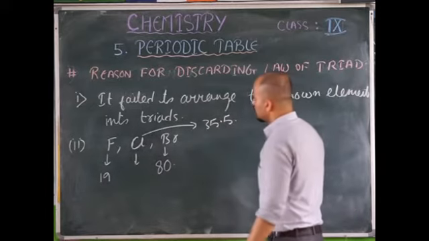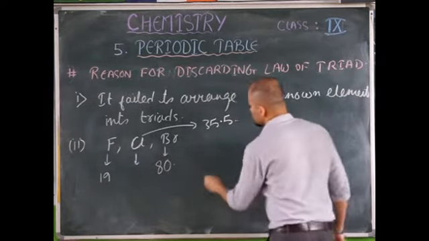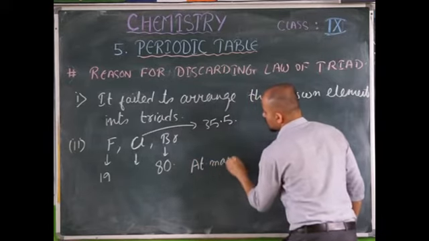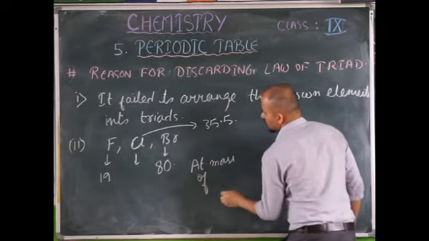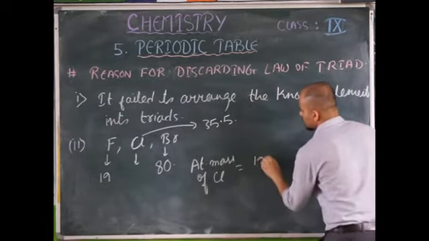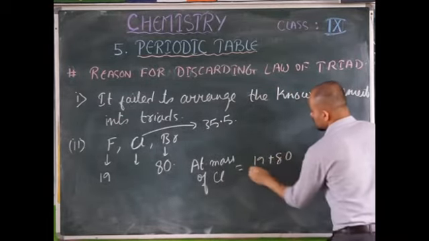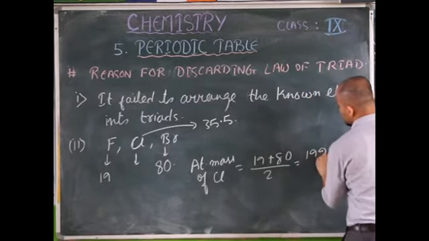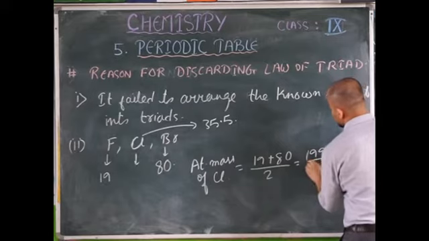Yes or no? Now let's calculate according to this law of triads the atomic mass of, say, fluorine. So it has to be 19 plus 80 divided by 2, which is 99 divided by 2.